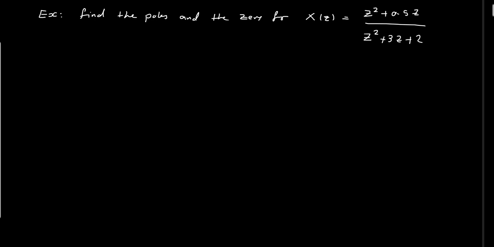Now simply someone will say that X(z) can be written as z(z plus 0.5) over, and if we factorize the denominator here, it will be (z plus 1) multiplied by (z plus 2).